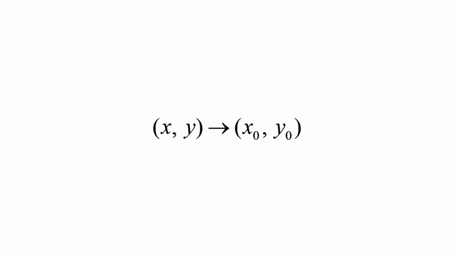So, when (x, y) approaches (x₀, y₀), we have to discuss the behavior of f(x, y) when x approaches x₀ alone. That is, the behavior of x when x approaches x₀ only.